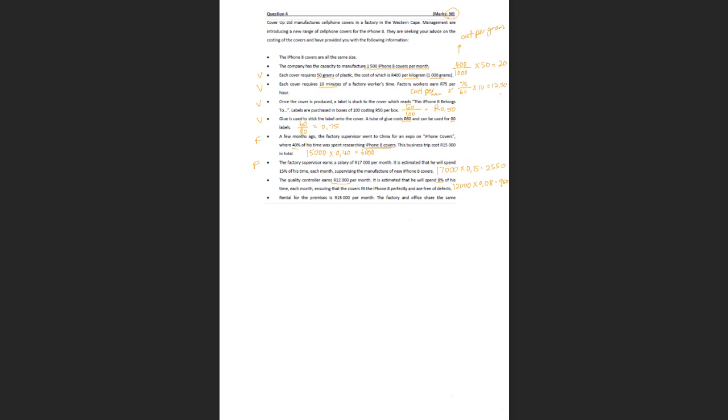This is also fixed in nature because the quality controller's salary is not affected by how many units are being produced. So always just ask yourself that question. Is the item going to be dependent on the number of units being produced, or is it the same regardless of how many units are being produced?